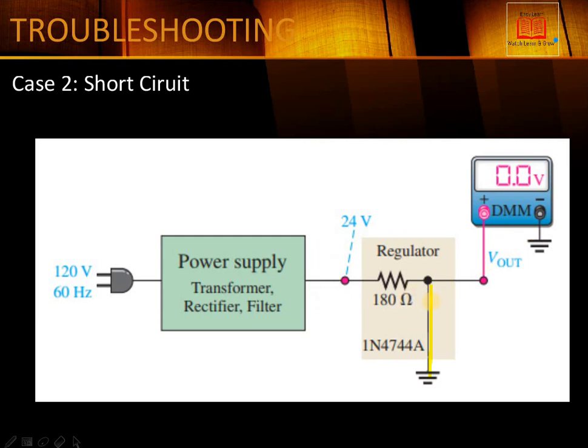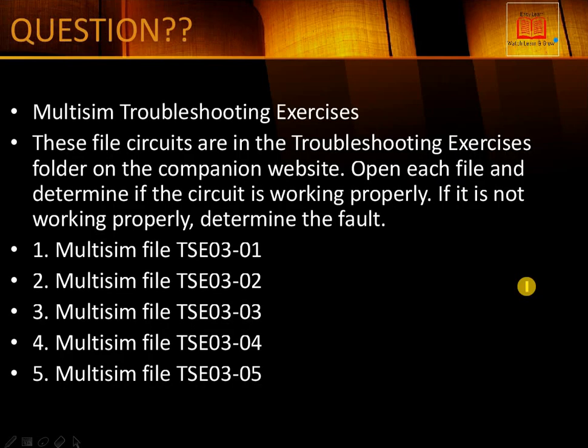If it behaves like a short circuit, then all the current will flow through this loop, and no current is coming out here, so there are 0 volts due to the short circuit. Now you are able to identify the faults. These circuit files are in the troubleshooting exercises folder on the companion website. Open these and check whether they are working properly or not.